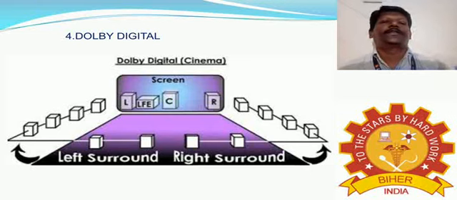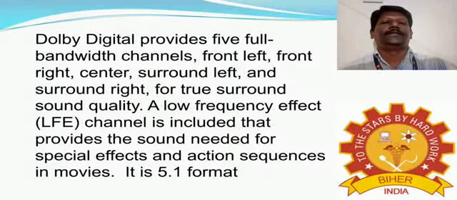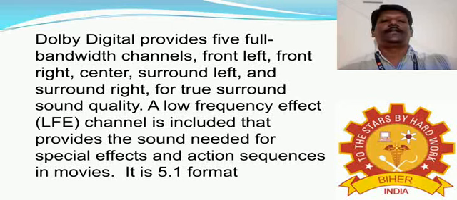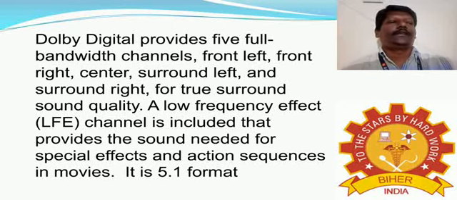These Dolby Digital informations can be recorded between the sprocket holes. So Dolby Digital provides 5 full bandwidth channels: front left, front right, center, surround left, and surround right, for true surround sound quality.